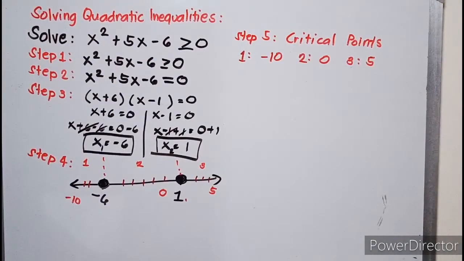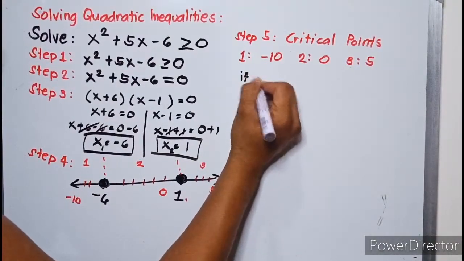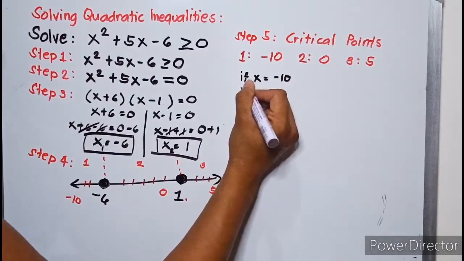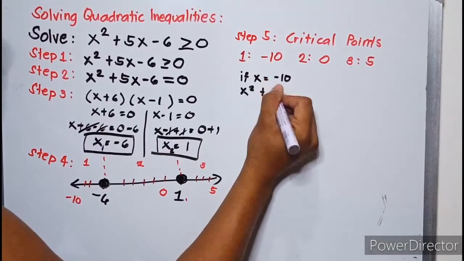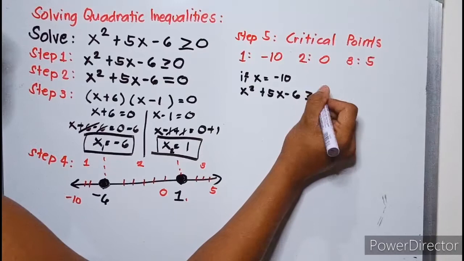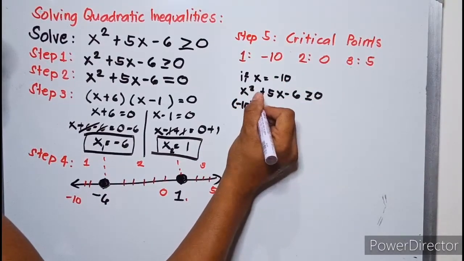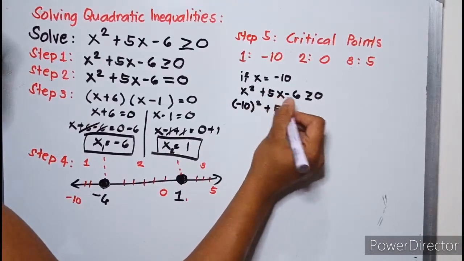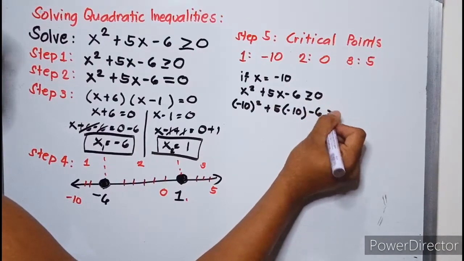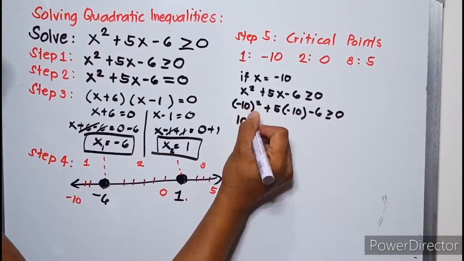So, let's solve first for number 1. If x is equal to negative 10, we have x squared plus 5x minus 6 greater than or equal to 0. Let's substitute negative 10. So we have negative 10 squared plus 5 times negative 10 minus 6 is greater than or equal to 0. Negative 10 times negative 10 is 100.